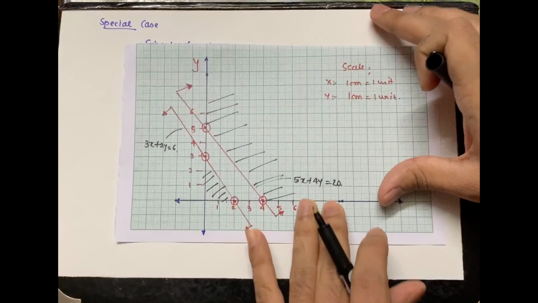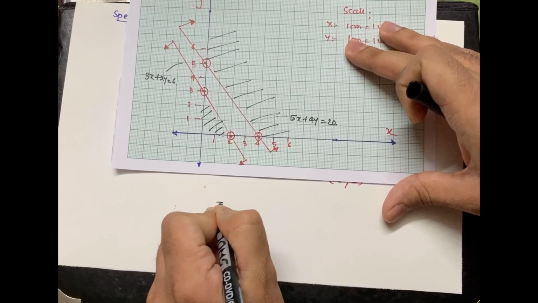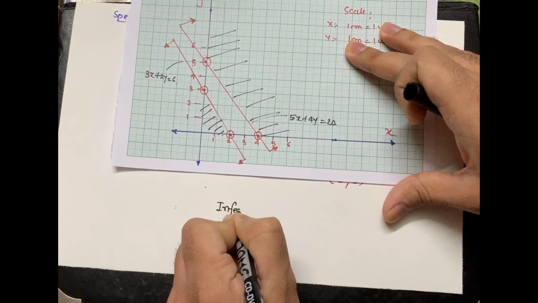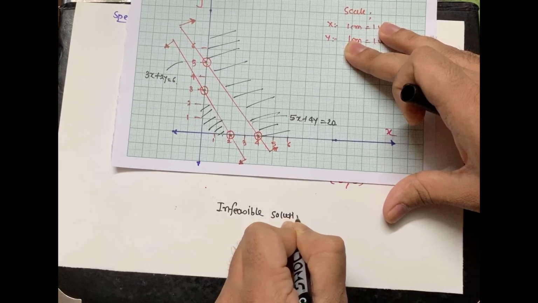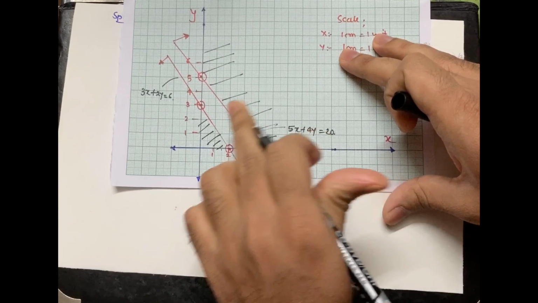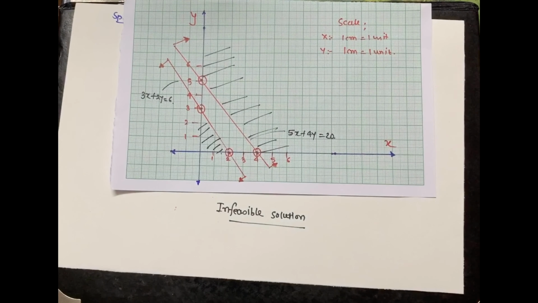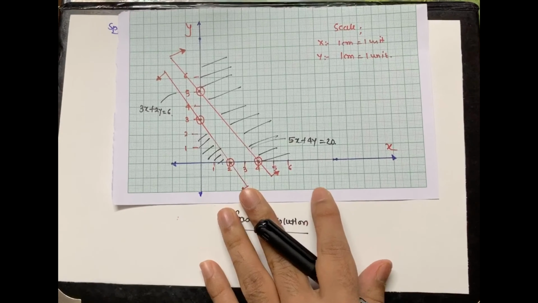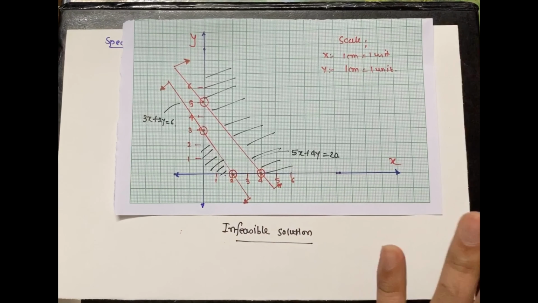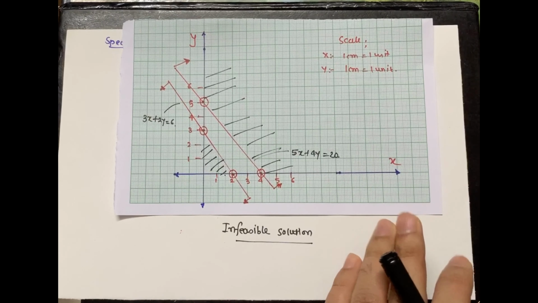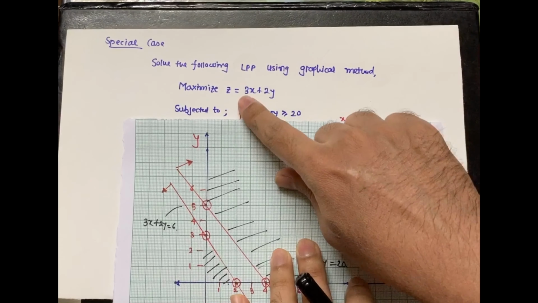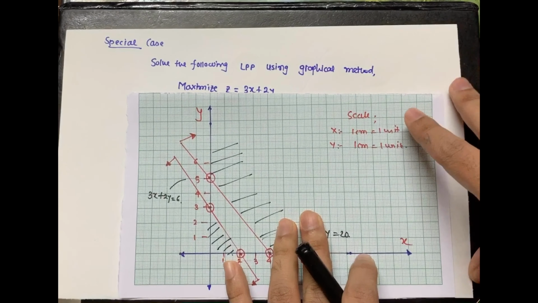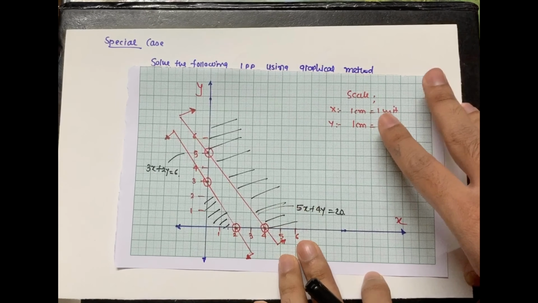This is a case of infeasible solution. As the common region is null, the intersection of these two is 0. Hence a feasible solution that satisfies this maximization condition 3x plus 2y cannot be established.